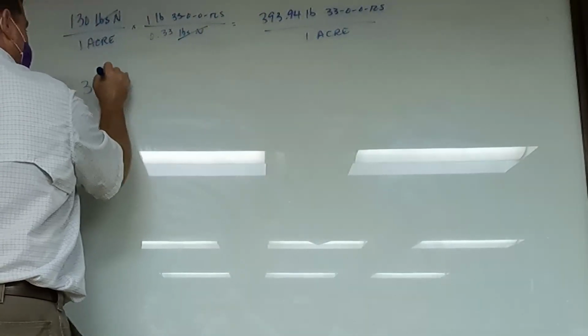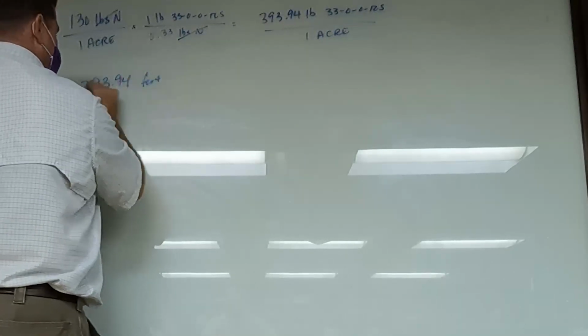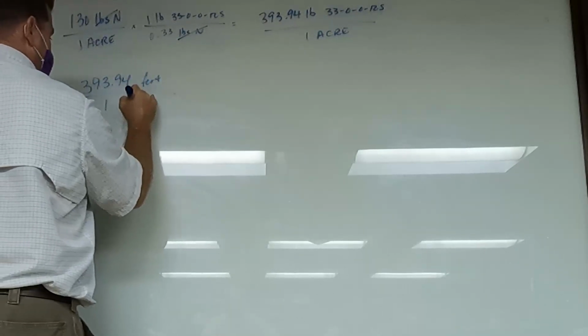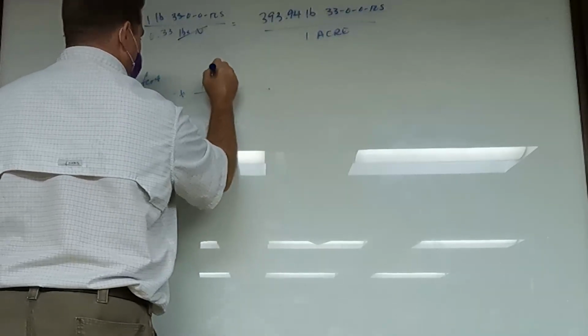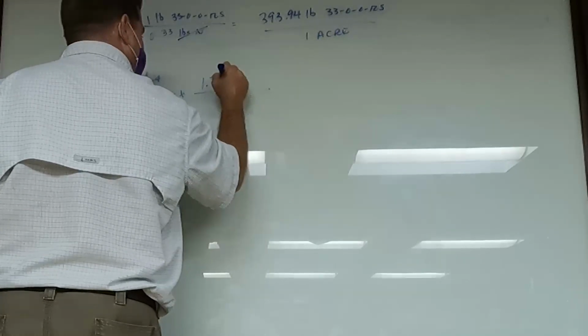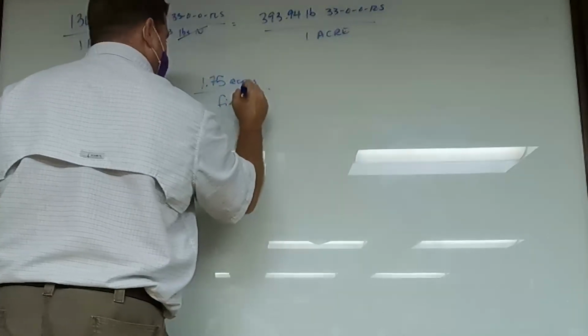Now, we'll come down here. I'm just going to do fertilizer in 1 acre. And we know that we have 1.75 acres per field.